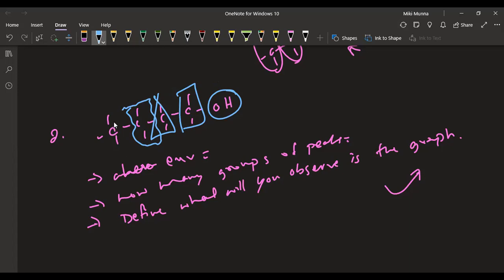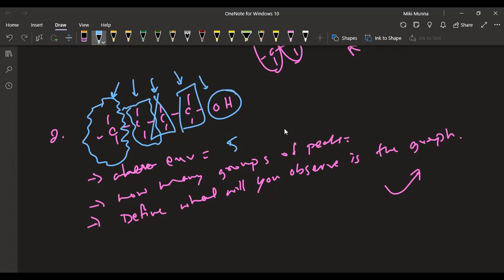Towards the very right, we have only CH2, CH2, CH2, OH, which is very different from the others. So this is a different group. Let me mark it with something. So how many chemical environments? 1, 2, 3, 4, and 5. In total we have 5 chemical environments.